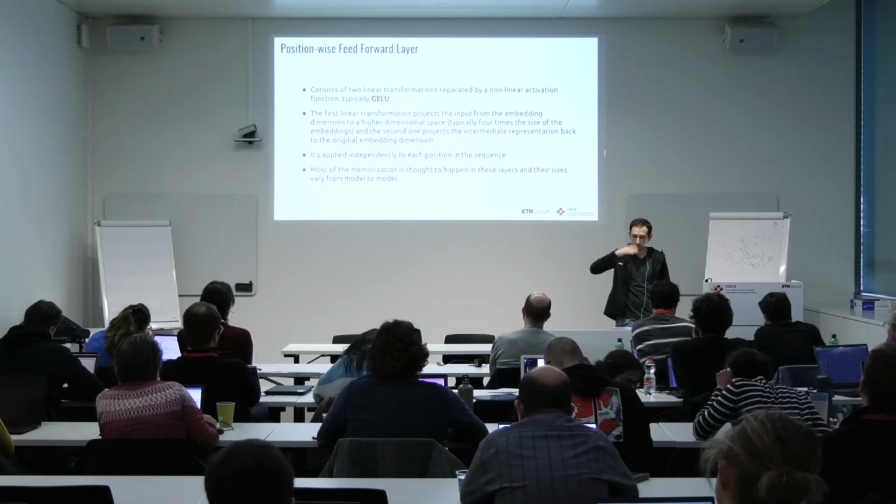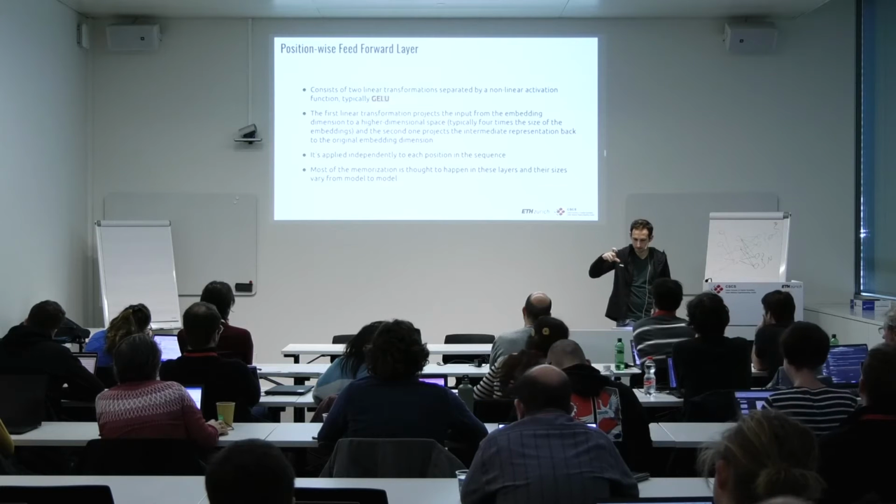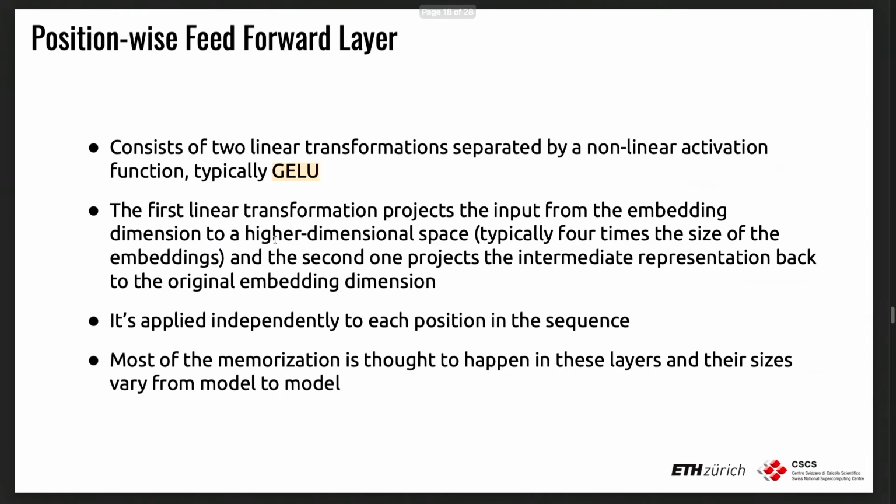Then there is a GELU activation function that is very similar to the ReLU, but I think it dips down like this, and then it goes up. And then there is another layer that sends it back to the initial embedding dimension, and at the end you get exactly the same sizes as initially.